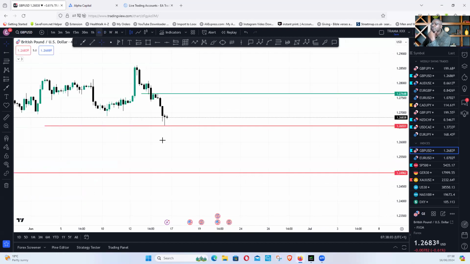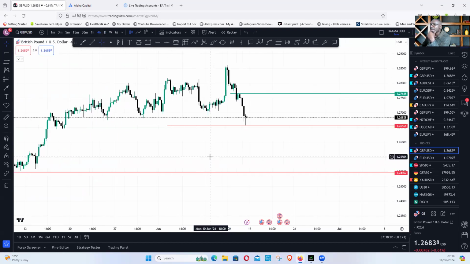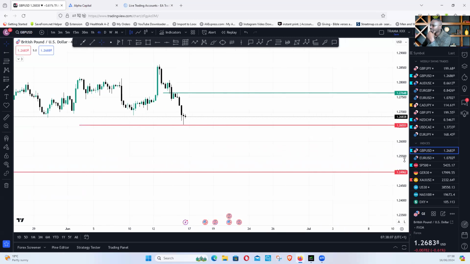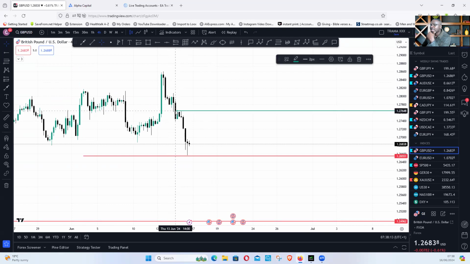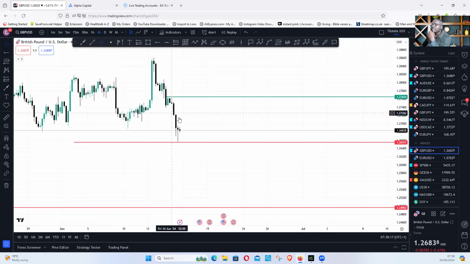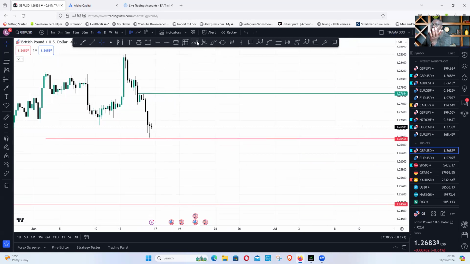So I'm going to move to the 4 hours to see if we align with that. Great. On the 4 hour, we have this structure here, which also gives us the daily high. So this is where we're looking at that price will continue to trade. Now, what I will do in a lower time frame, looking at it from the 4 hour, is this: I will anticipate that price rejects again.